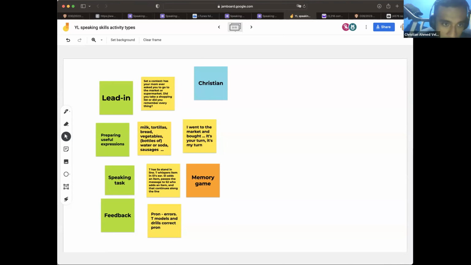And did you take a shopping list or did you remember everything? After they answer, we teach vocabulary about food, like milk, tortillas, bread, vegetables, bottles of water or soda, and sausages.